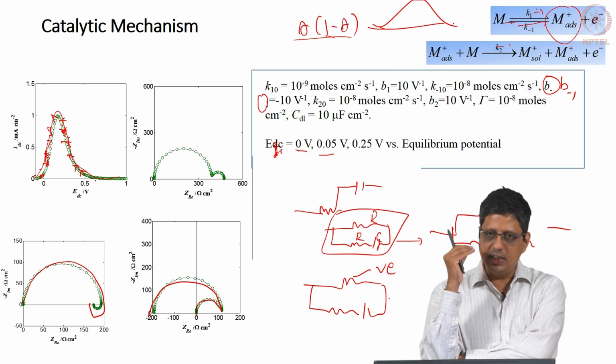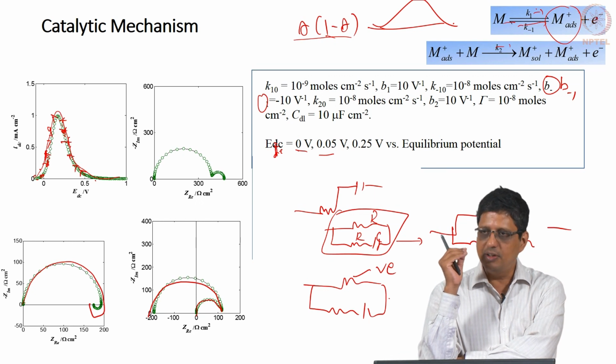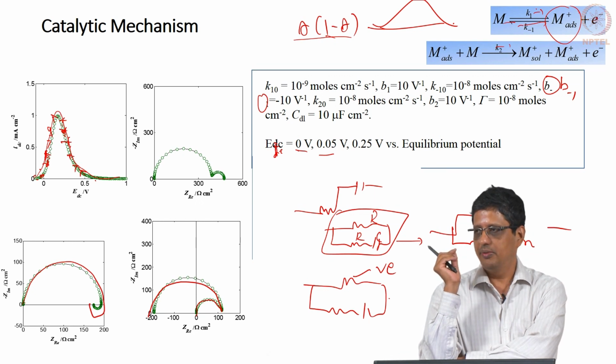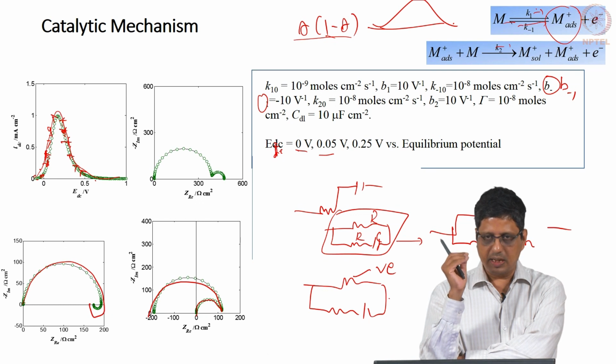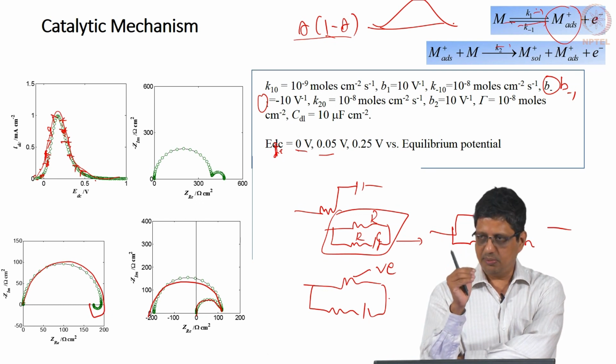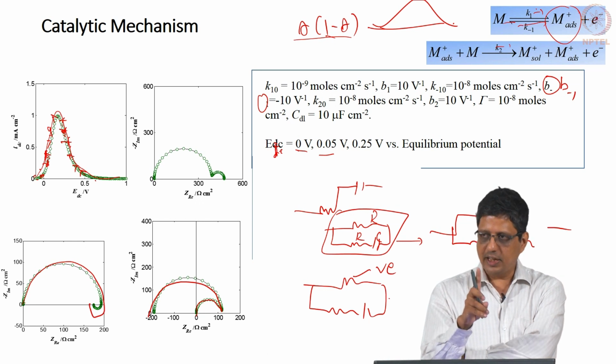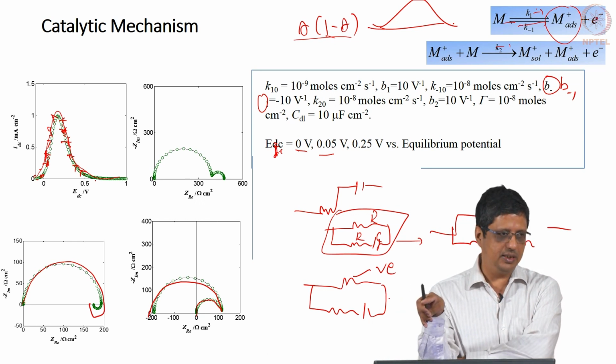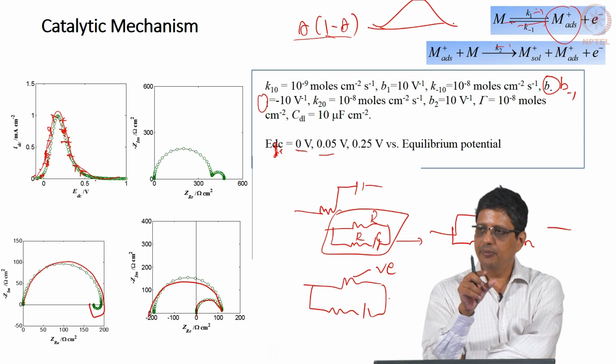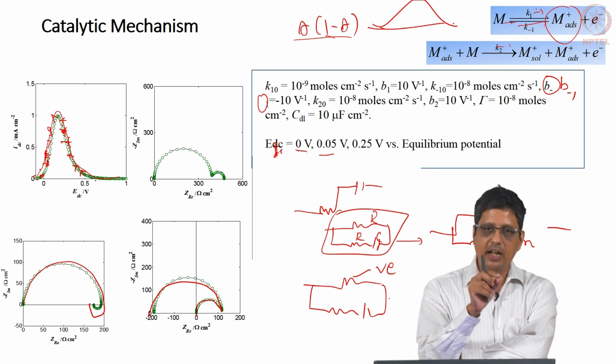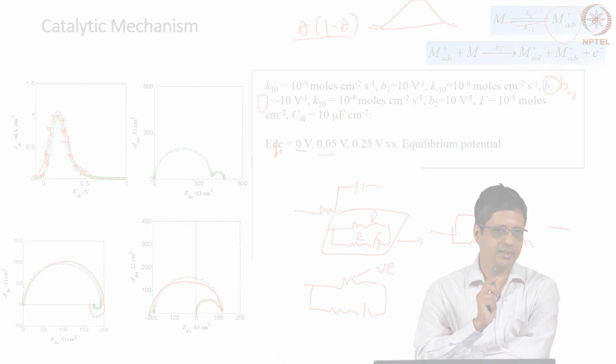If I am restricting my mind to looking only at electrical elements, I will have difficulty in explaining what is happening. If I say this is probably coming from kinetics and I can explain this reaction using kinetic parameters, I can use one set of kinetic parameters for all these potentials; all the spectra that I get here can be generated from one set of kinetic parameters.